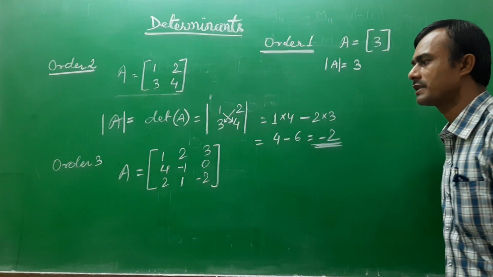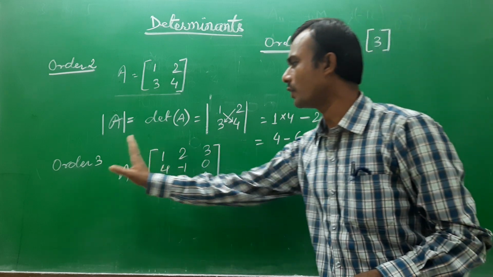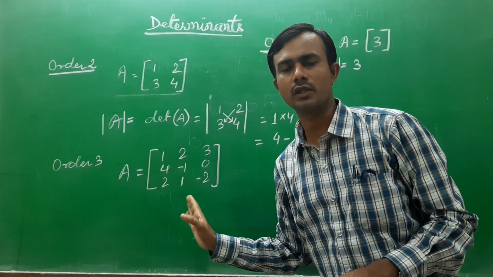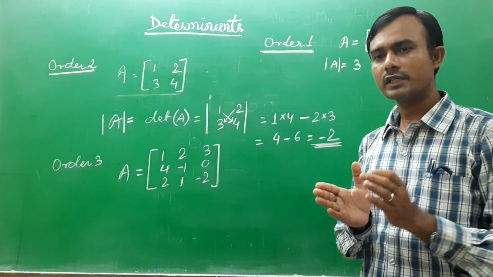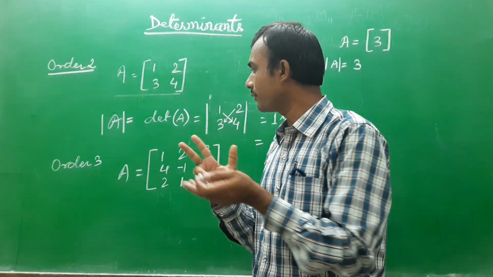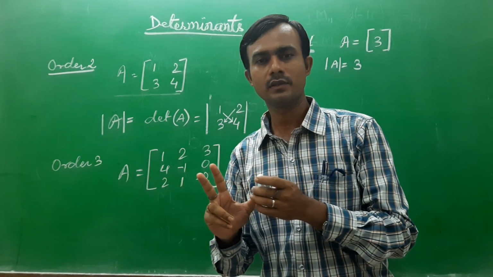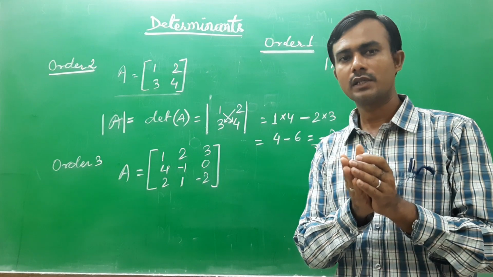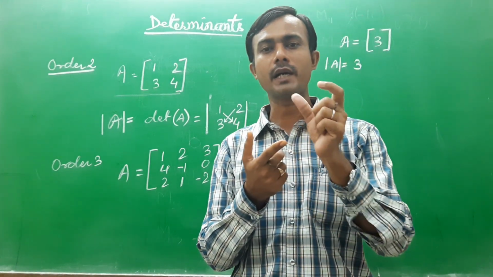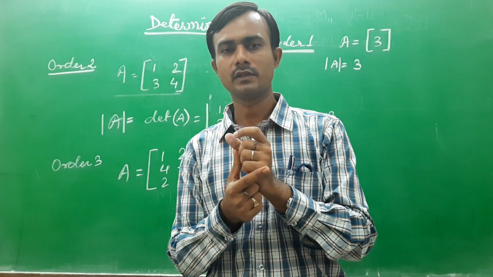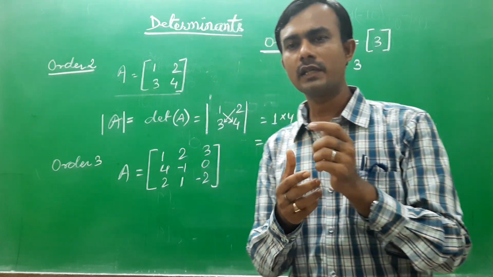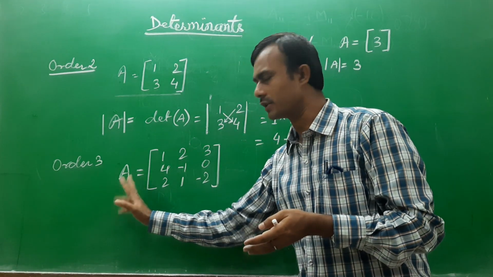This is a matrix A of order 3, 3 rows and 3 columns. How will we find its determinant? Before that, you have to know about minors and cofactors. Then we can easily get the value of the determinant.